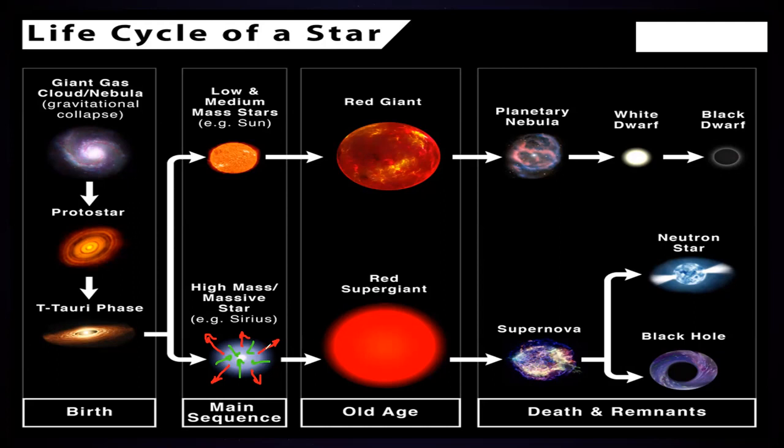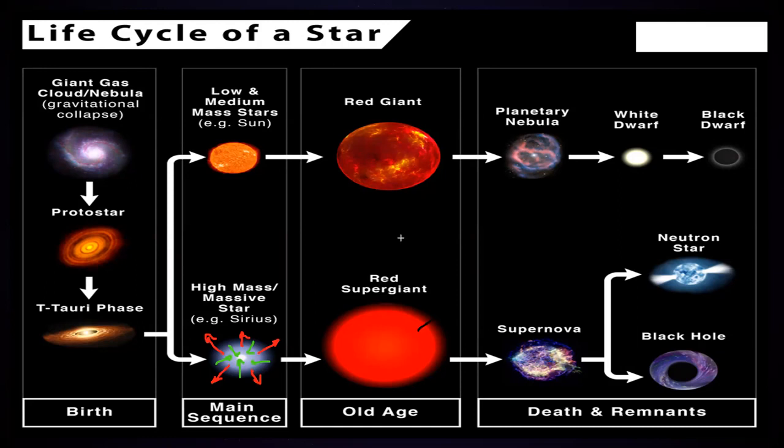Once the hydrogen is used up, the star starts to collapse and its size decreases. That causes the temperature to increase. Hydrogen fusion now turns to helium fusion or other heavy element fusion. This again creates an outward pressure, which is more than the gravitational pull.